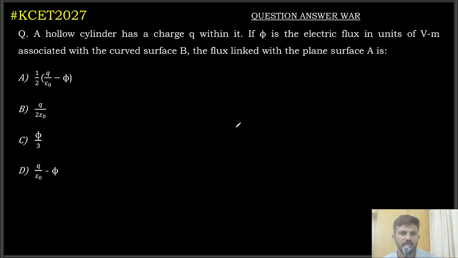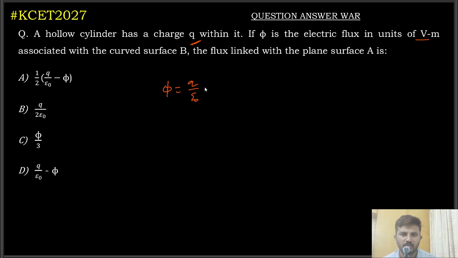Okay. A hollow cylinder has a charge Q within it. If phi is the electric flux associated with the curved surface, the flux linked with the plane surface is, let's consider, the hollow cylinder has a charge Q. Then the total flux is given by Q by epsilon naught.